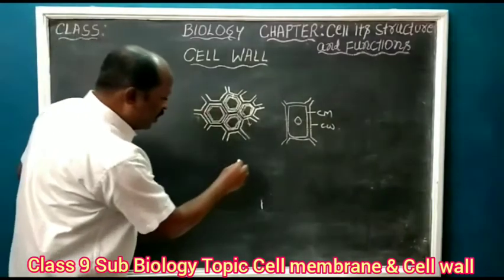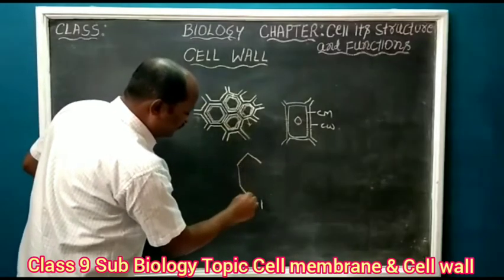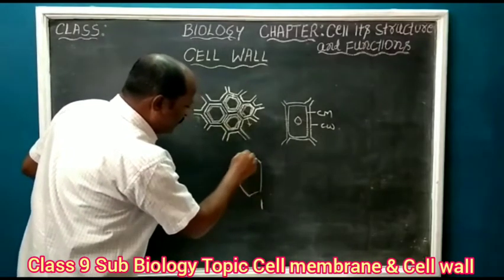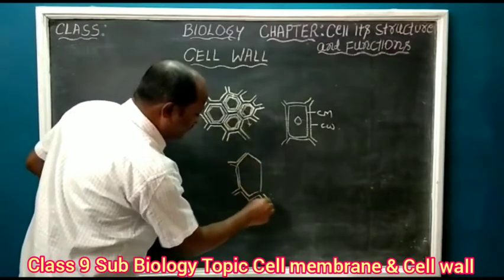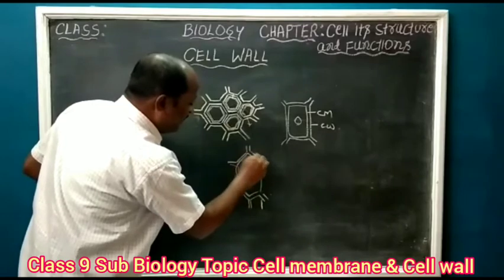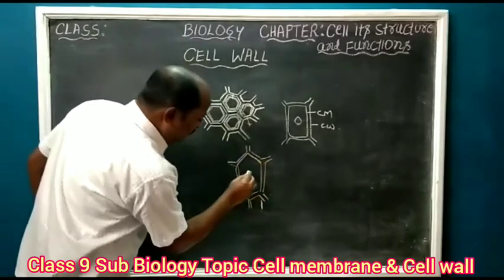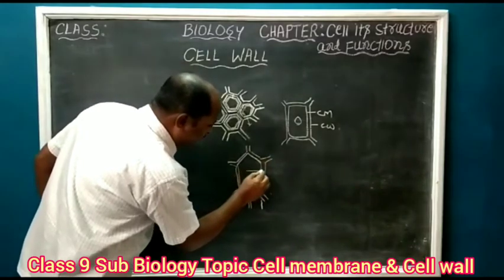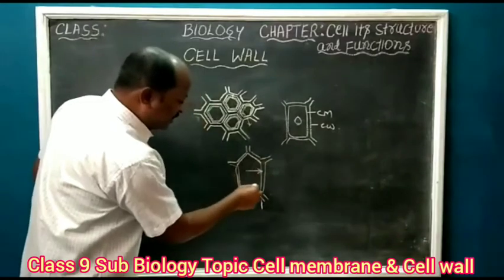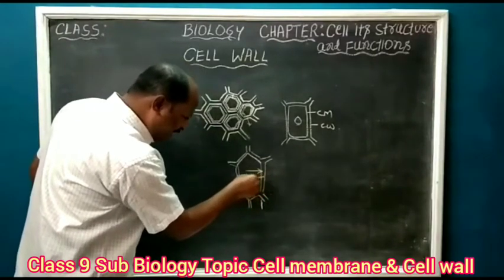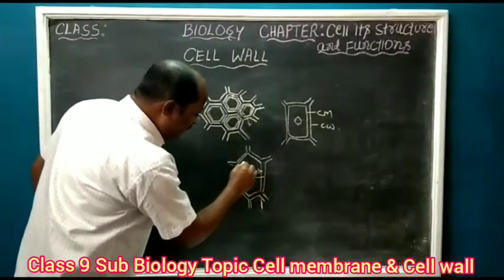Apart from this, cell wall is playing a very important role in the case of the pressure. For example, when you talk about the cell here, imagine this is the cell. What actually is happening is, inside the cell we know that cell sap is there. Now cell sap keeps on exerting the outward pressure. To resist this, cell wall resists this with the inward pressure.